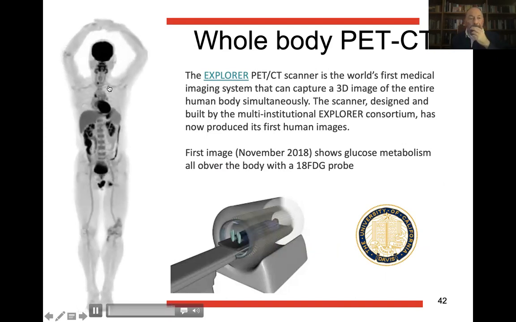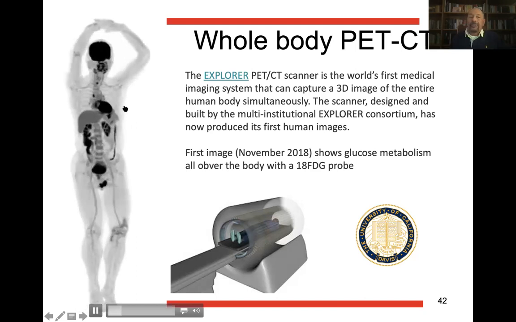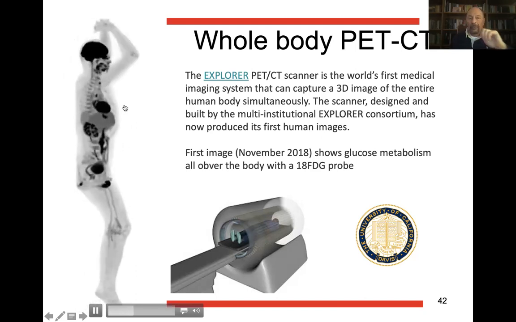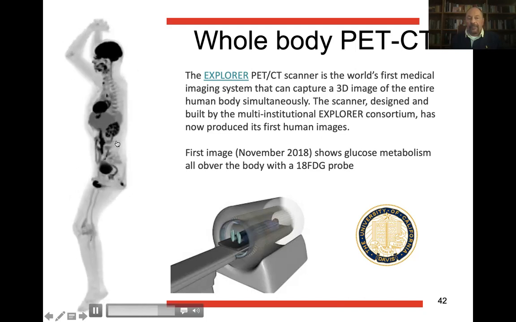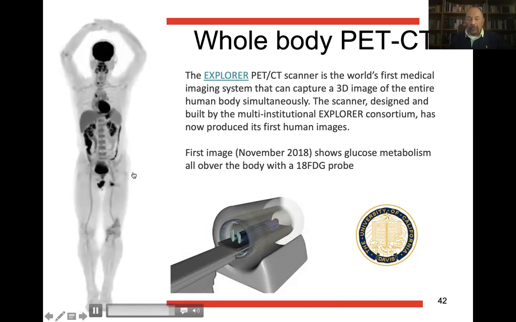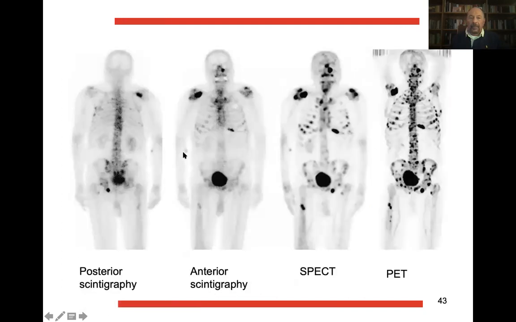You see the brain is one of the main users of our glucose, but you also see that you need it for the heart. And then, of course, you have the kidney and the bladder where it goes down. And this is the difference you see between scintigraphy, so the 2D imaging, SPECT, where you have this rotation, and PET.